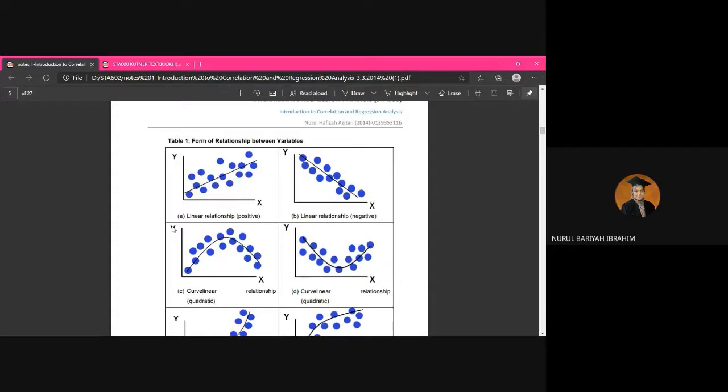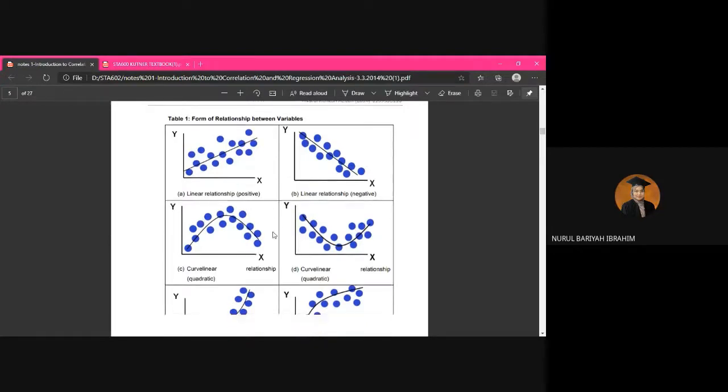So we name it as the positive linear relationship. Okay, this diagram pula kita tengok dia ada negative trend. Okay, it creates the negative trend. So we name it as the negative linear relationship between y and x.